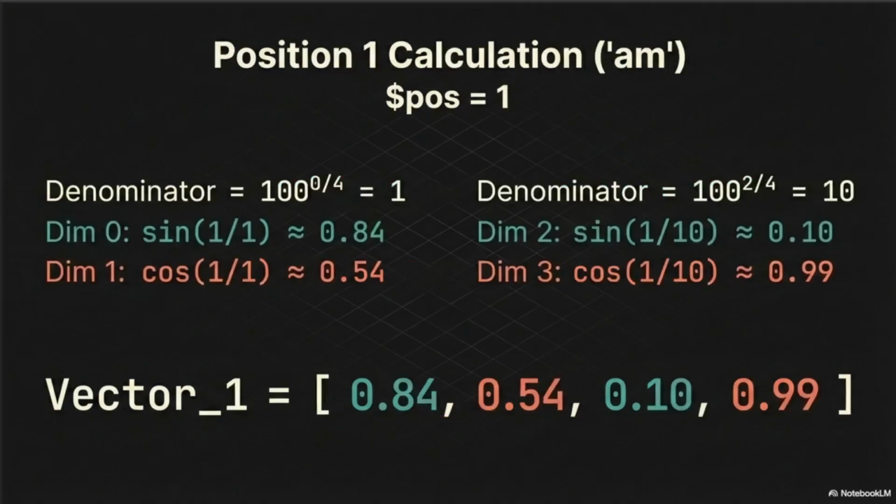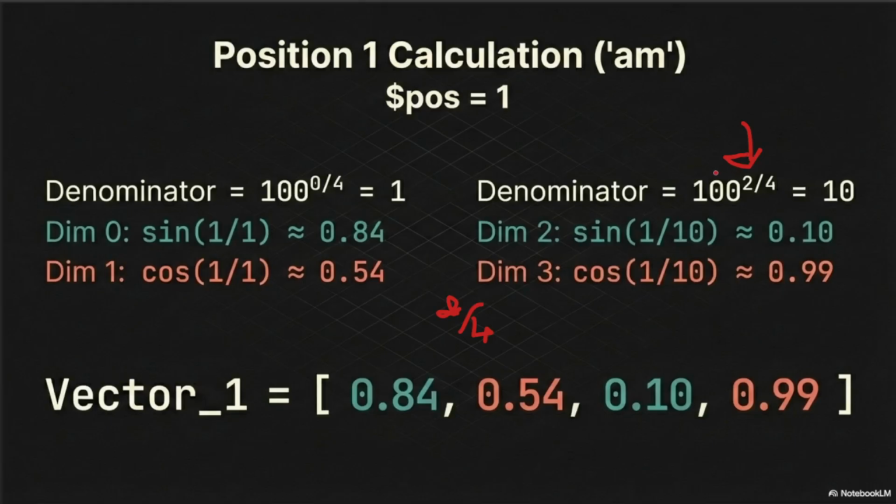Now for the second word, am. For the first two dimensions, i is 0. The denominator is 1. So we take sine of 1 and cosine of 1. This changes rapidly. For the last two dimensions, where i is equal to 1, the exponent is 2 over 4, or 0.5.